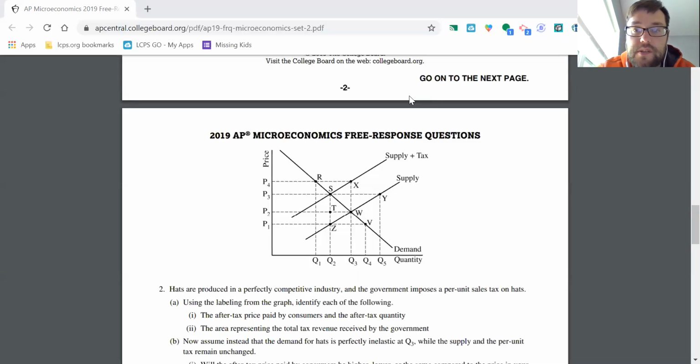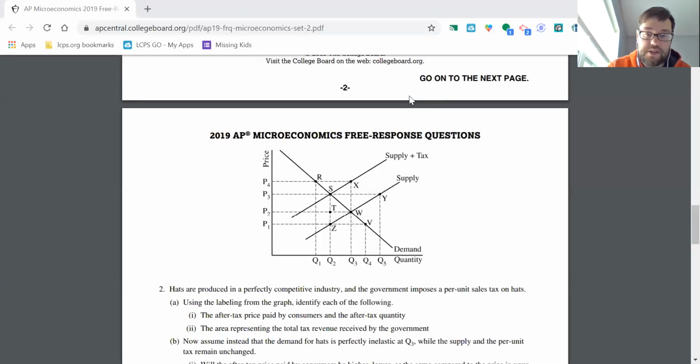And this area was our tax revenue. The area above, which doesn't really make sense because we have perfectly inelastic demand, would be consumer surplus: people who are willing to pay more than the price they actually got in the market.